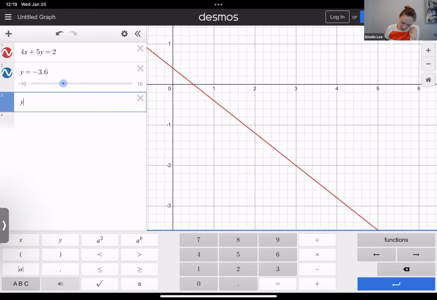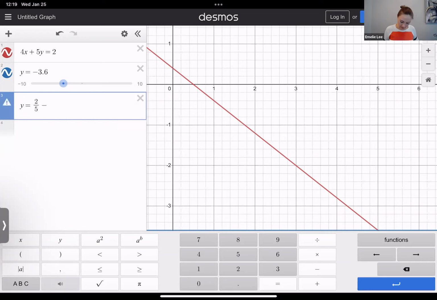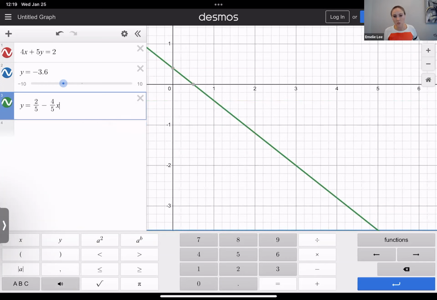We had y is equal to 2/5, and you want to make sure it looks exactly like what we had, so you step it out, minus 4/5, step it out times x. Notice that the two are overlapping. I can click on the red one and it shows up red, and I can click on the green one and it shows up green, and that means that they're overlapping.